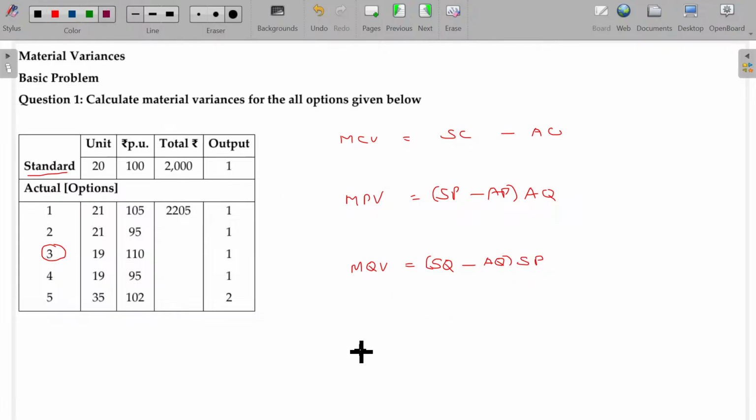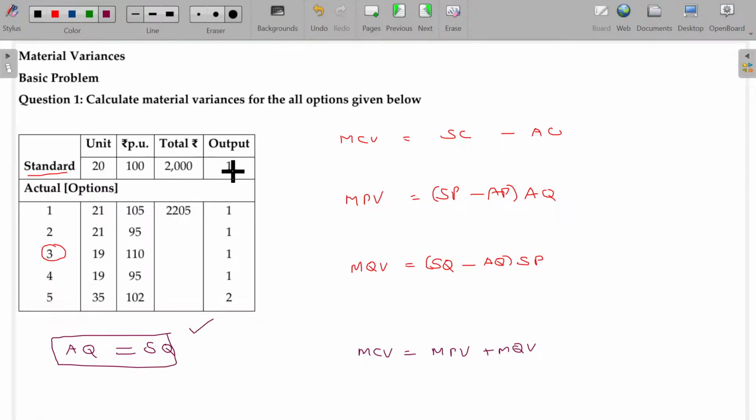Now check. Material cost variance is equal to material price variance plus material quantity variance. Always remember, actual quantity should be equal to standard quantity, only then you can compare.